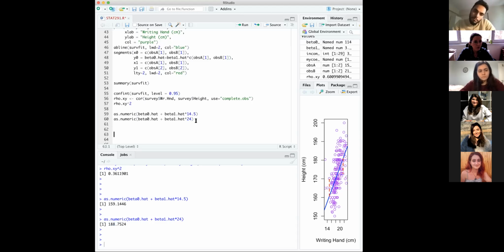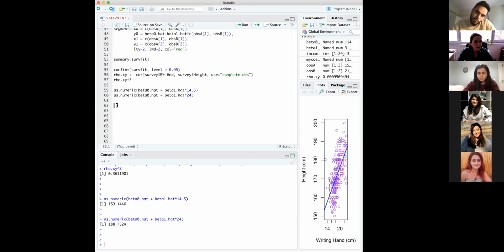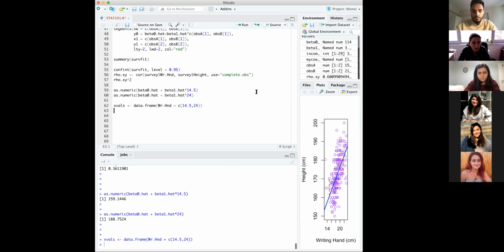Let's say I have X values. This is a new one I will generate. You have to make it a data frame to use the predict function, okay? And you have to give the same name as your variable. And I want to add 14.5 and also 24 as before. Okay, guys. And here are my X values.